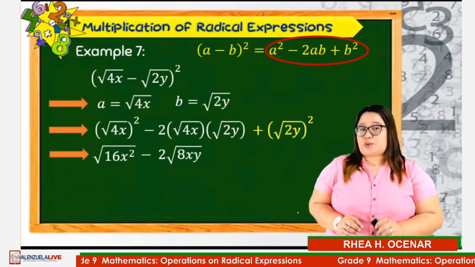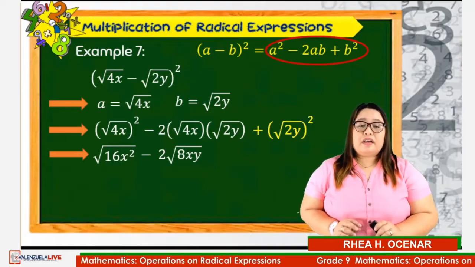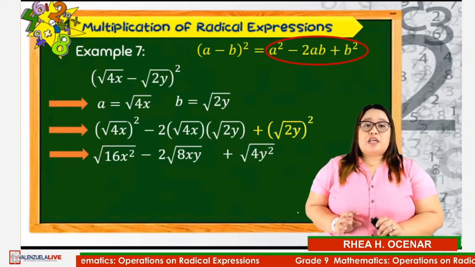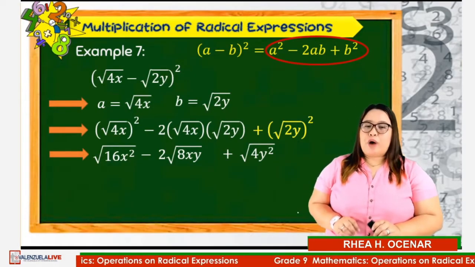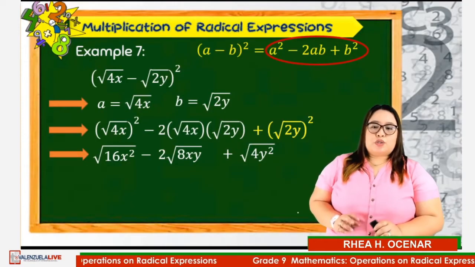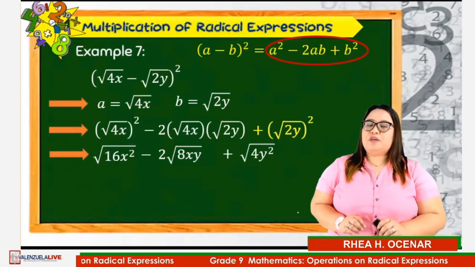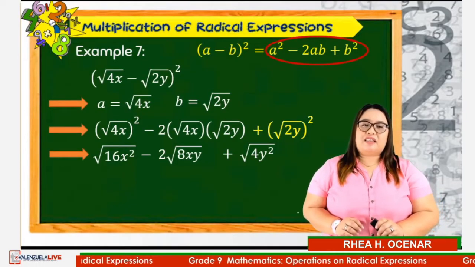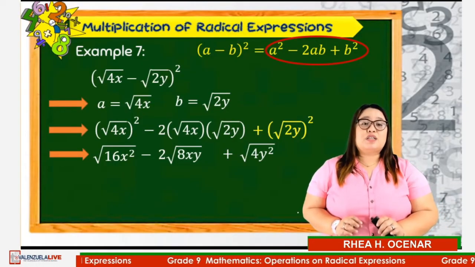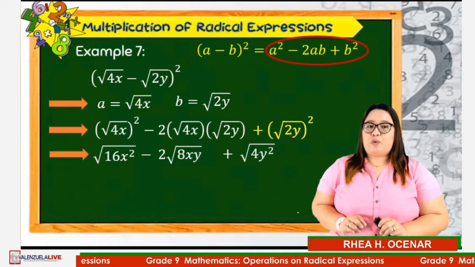And the quantity square root of 2y squared is equal to square root of 4y squared. So we have now square root of 16x squared minus 2 square root of 8xy plus square root of 4y squared.